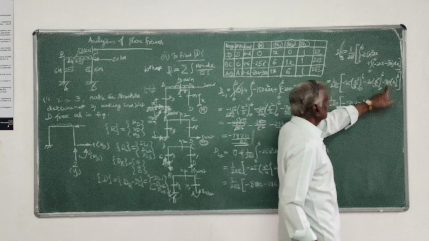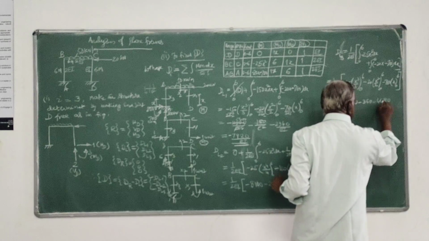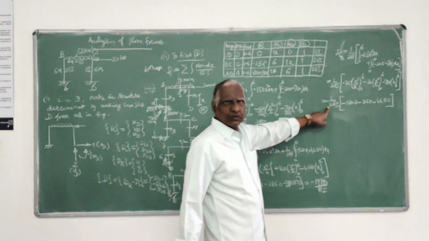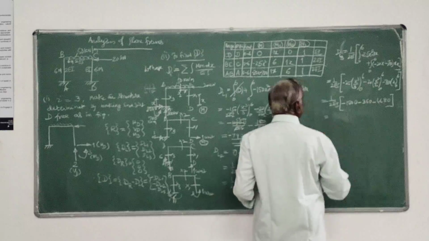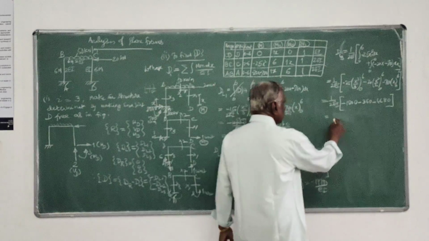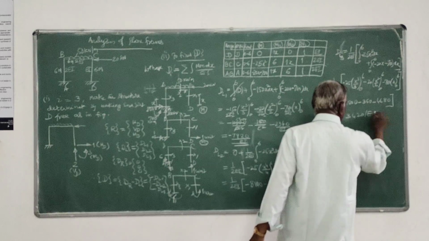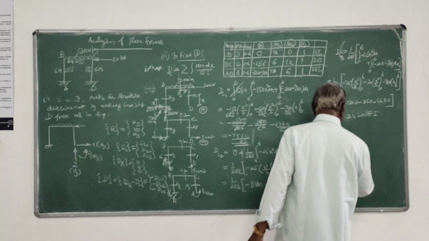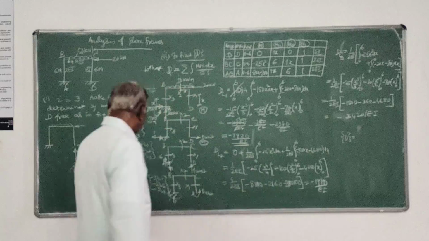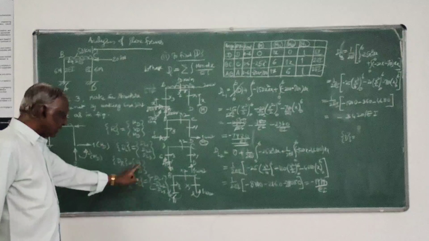This is 6 into 780, 4680. Now we can sum this up, divided by 2. That is the displacement along coordinate 3: minus 3420 divided by EI.